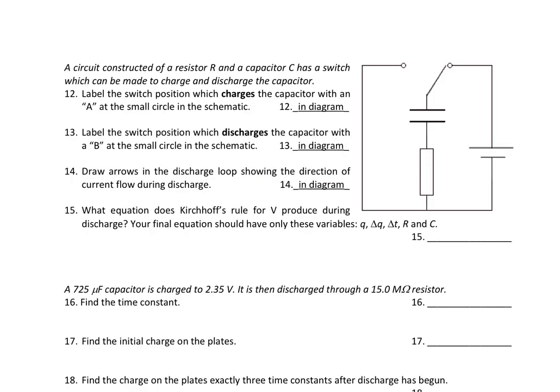Okay, 12 through 15, we have a loop that includes a resistor and a capacitor and a switch. One side of the switch is connected to a power supply. The other side of the switch disconnects the power supply and it just includes the capacitor and the resistor.